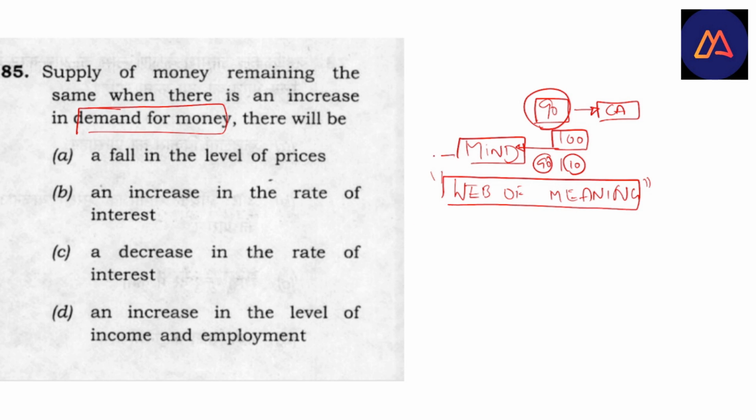You will operate only using this web of meaning; your whole meaning will be based on this. That is why people are unable to understand that this is no guessing game. This examination is not about facts.